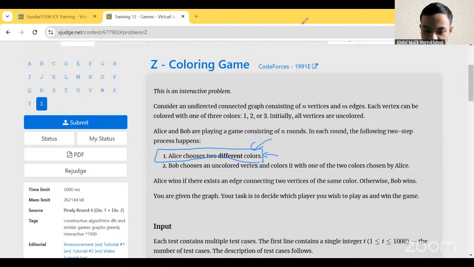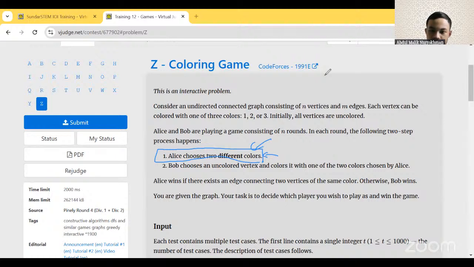If you have a solution, so you know the strategy for Alice. Yes, that's correct. Yes, that's true. That's great. You got the solution.